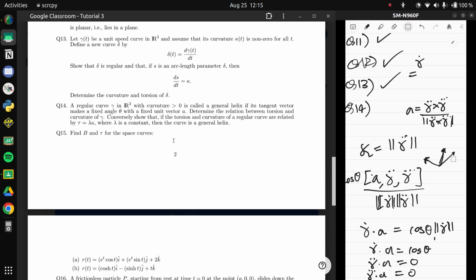It has to be perpendicular to that, huh? So A and gamma dot both are perpendicular, so both would be perpendicular to gamma double dot, right? Okay, and then gamma triple dot is just somewhere, some random vector, we don't know.